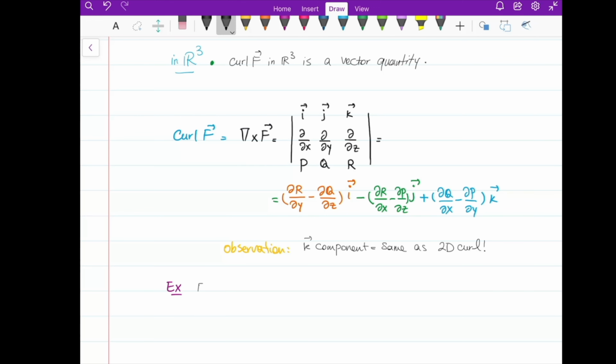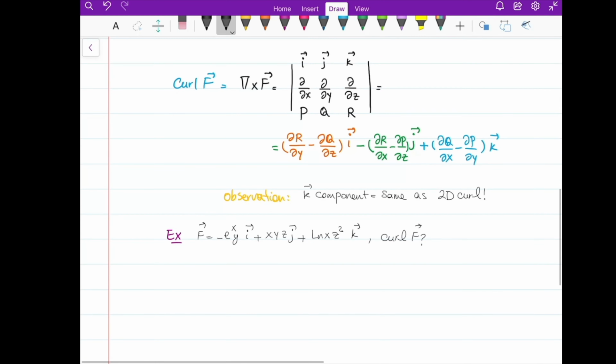The vector field F is negative e to the xy i plus xyz j plus ln x times z squared k. What is the curl of F?